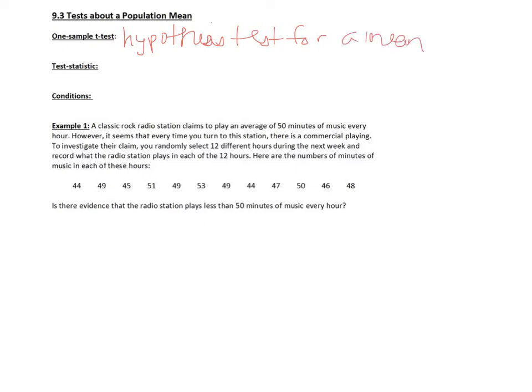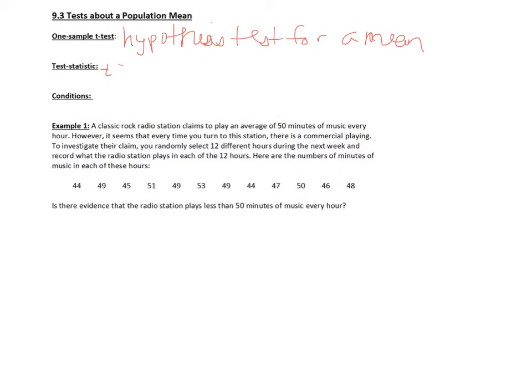And for these, you're going to have to also calculate a test statistic. In the previous section, your calculator had the capability of doing this without a test statistic, but in this one, you're going to have to use it. So our test statistic is going to be a t. Remember that we use t for means and z for proportions.